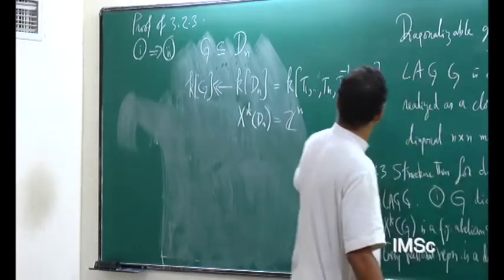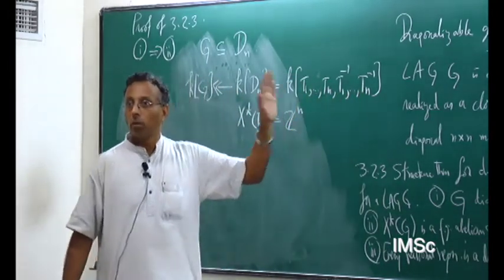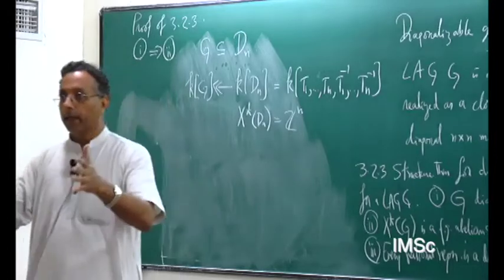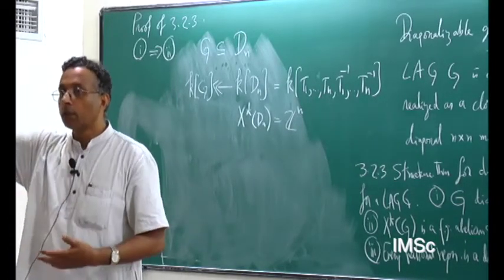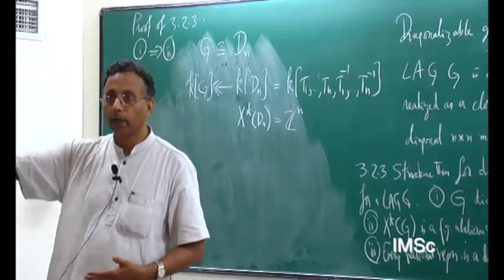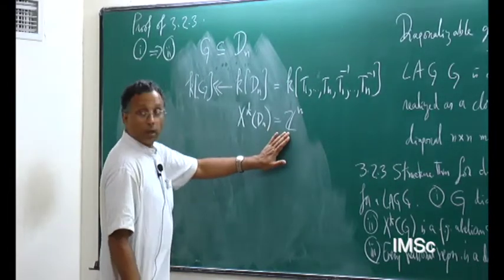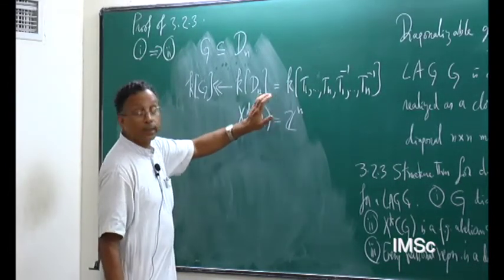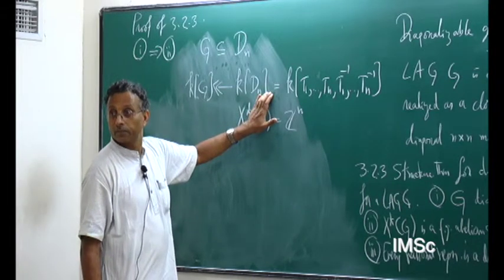Here K[Dn] is what is called a Laurent polynomial ring. It is generated by monomials in the T's, with monomials, of course, in this case having negative integral exponents as well. So it is clear that it holds here.